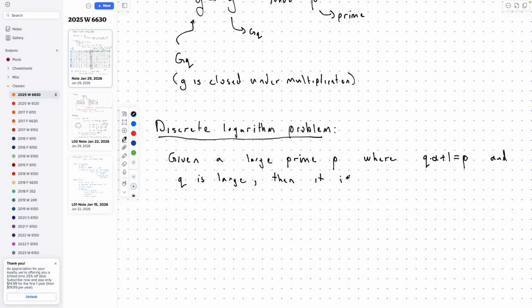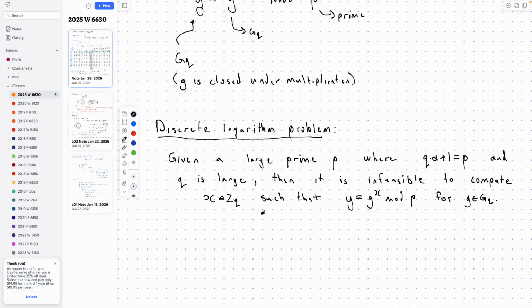Then it is infeasible to compute X from ZQ such that Y equals G to the X mod P, for G from GQ.